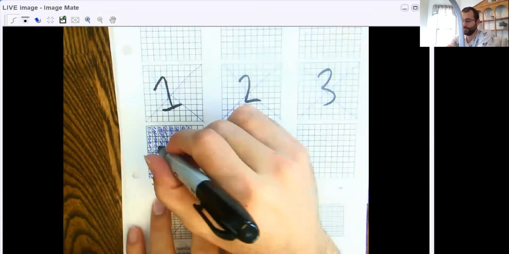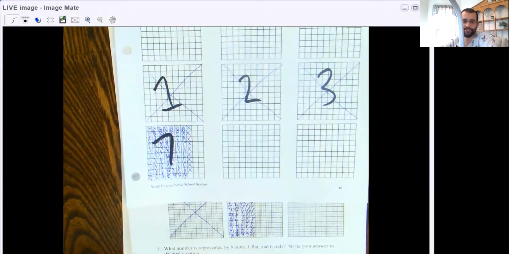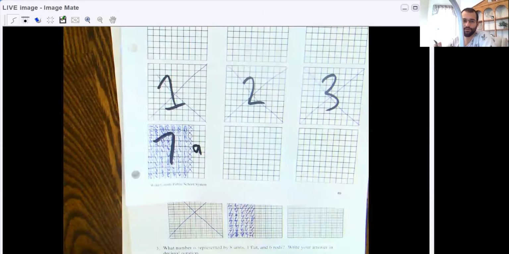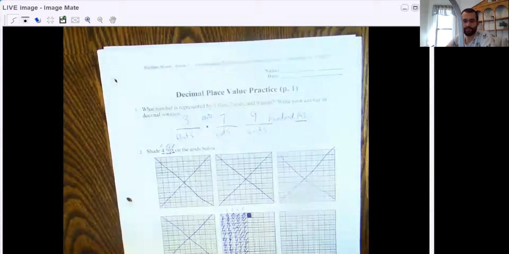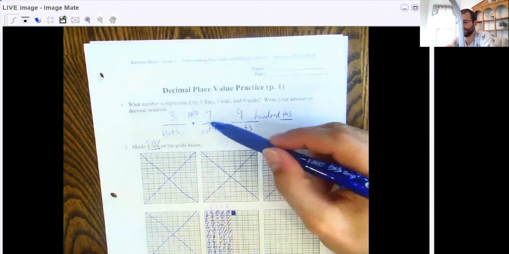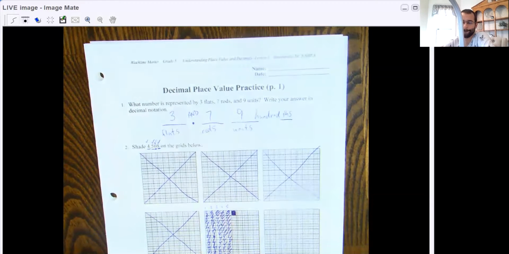You've got 7 rods that are shaded, and you've got 9 units that are shaded. So I'm going to put each of those in the correct category. And I'm going to get my answer of 3.79.